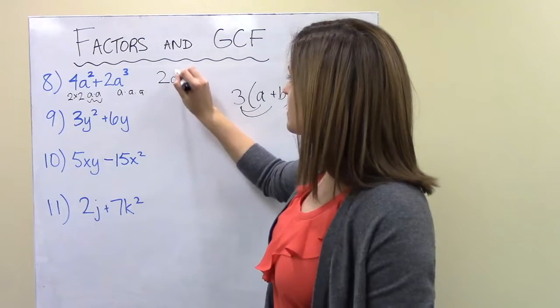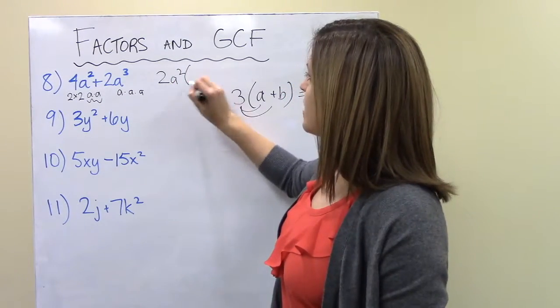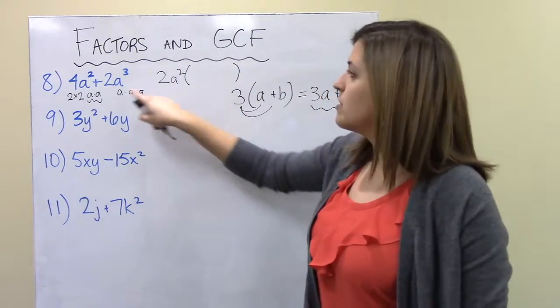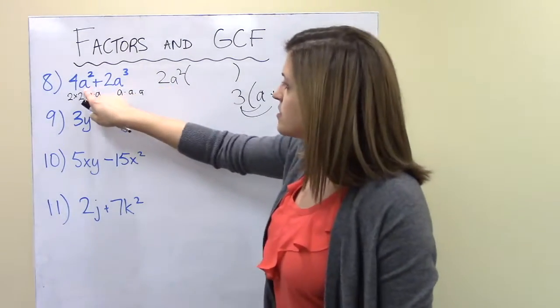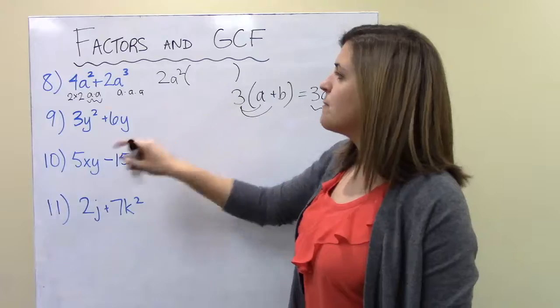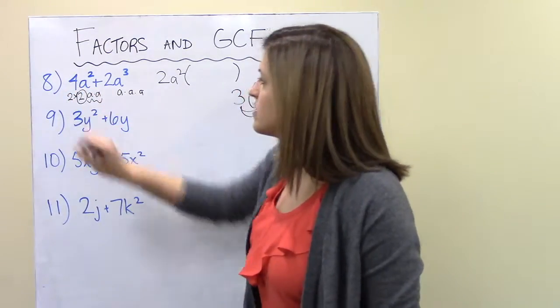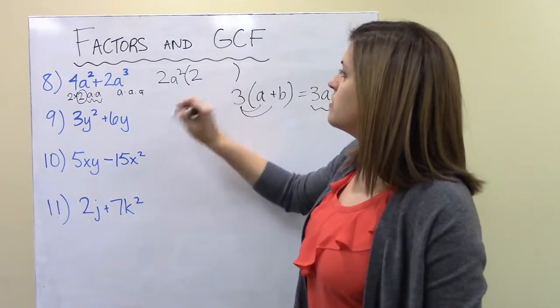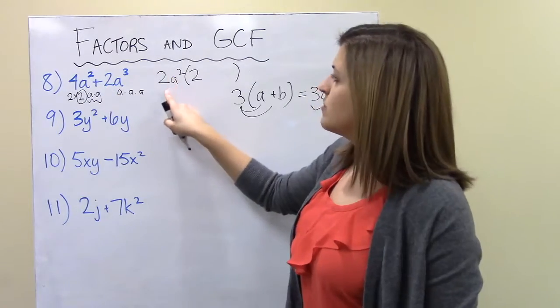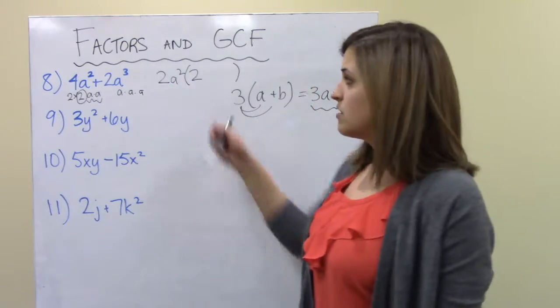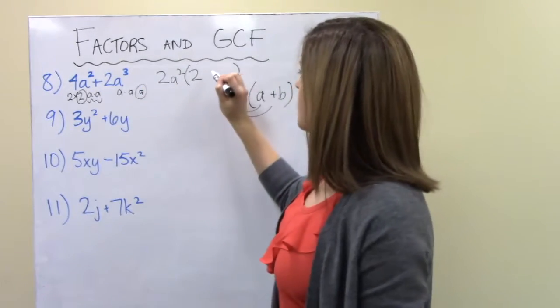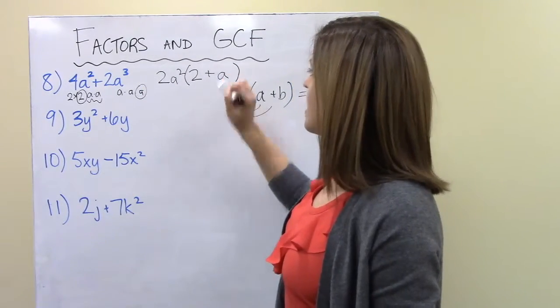So I have 2a squared, and then the rest I'm going to pull out and put in these parentheses. From this first term, I took 2a squared out, but I'm still left with a 2. So I have 2 plus, what's left when I take 2a squared out of 2a cubed? Well, I have an a left. So I'll have 2 plus a.